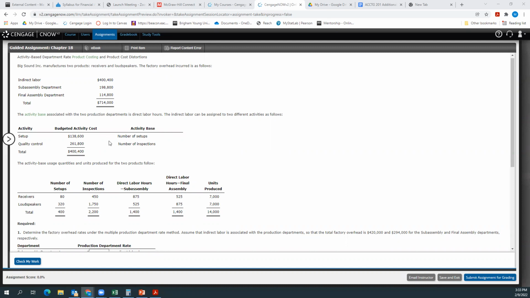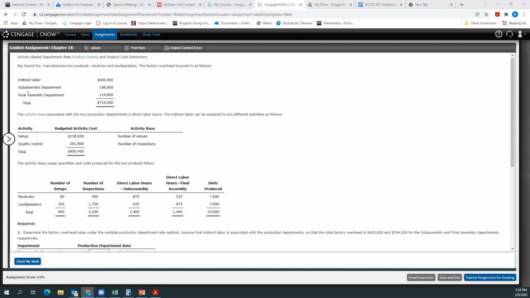As usual with these kind of problems, we have a whole bunch of info here, I guess, almost too much, right? They really like to dump that info on us. And so let's just look at it. So Big Sound Inc. makes two products, receivers and loudspeakers. The factory overhead incurred is as follows.